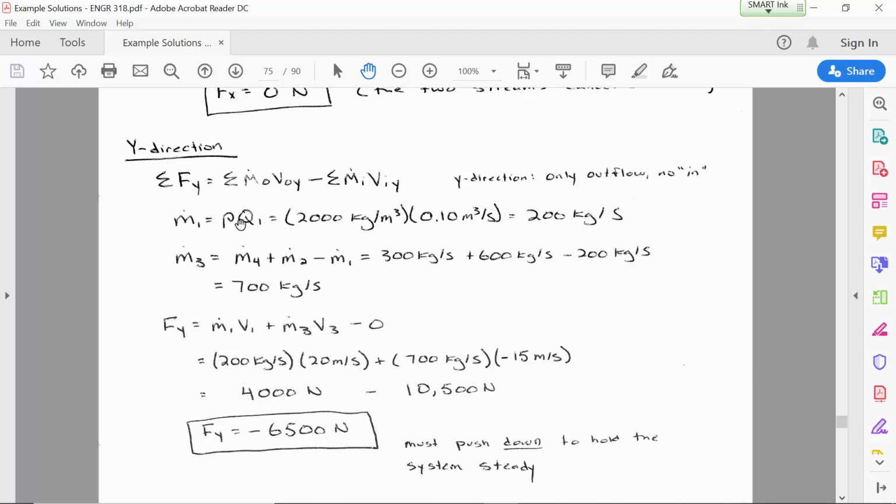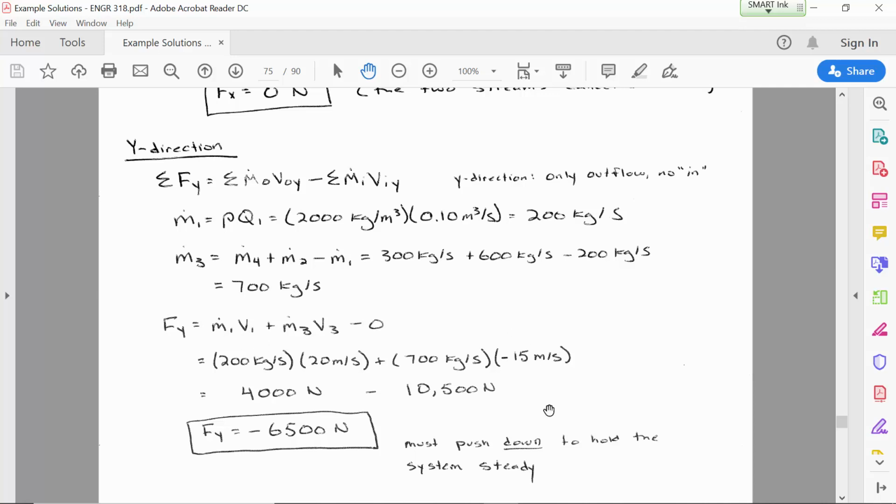Mass flow rate 1 we know directly because the volumetric flow rate is specified, but the mass flow rate at 3 is going to be the two in streams minus the other out stream, and that tells us what balance remains that has to come out at 3, 700 kilograms per second. Otherwise, there would be some accumulation inside of that black box.